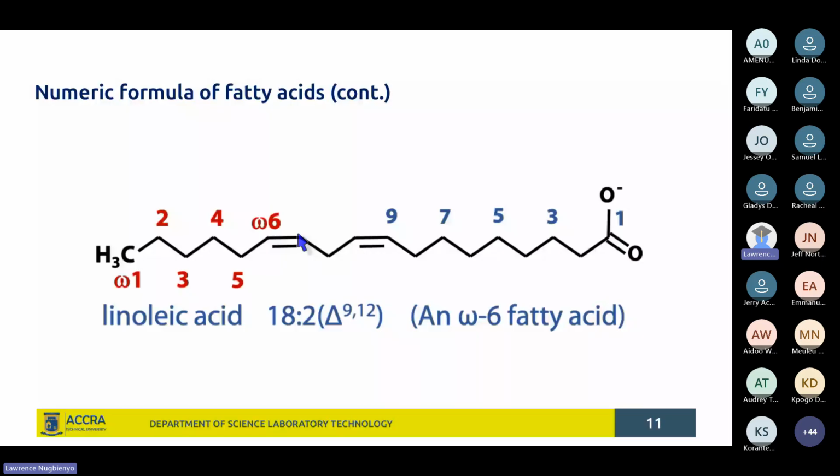That's what it means. So if you have more than 1 double bond, you can have just the numbers written with commas between them.